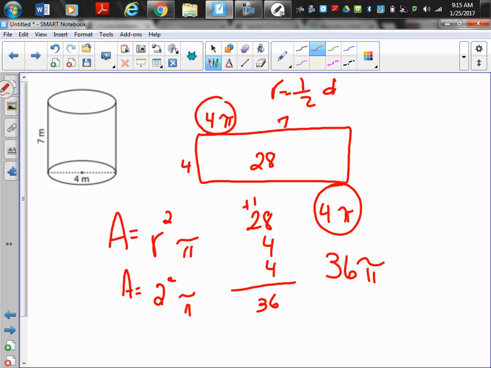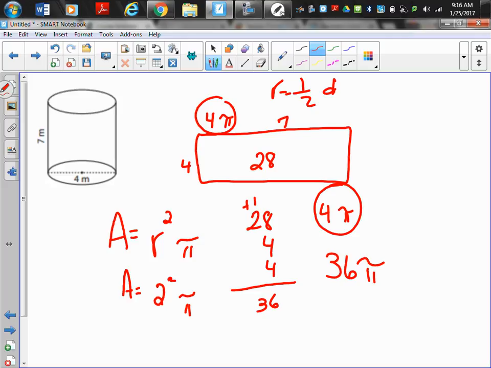All right. Now, listen. When it says leave it in terms of pi, you add the sides. This side had an area of 28.